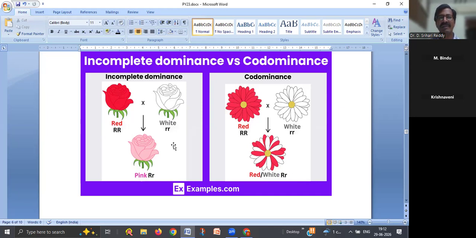It is not a mix like in the case of incomplete dominance. In incomplete dominance, it is a mix. It is not red, it is not white. It is a mixed color, pink. But in case of codominance, because sometimes they may ask about codominance also, here we see both the phenotypes, red and white. That is the difference between incomplete dominance and codominance.